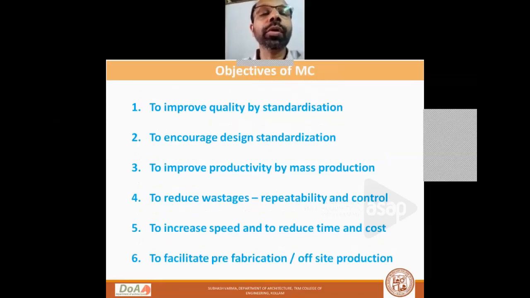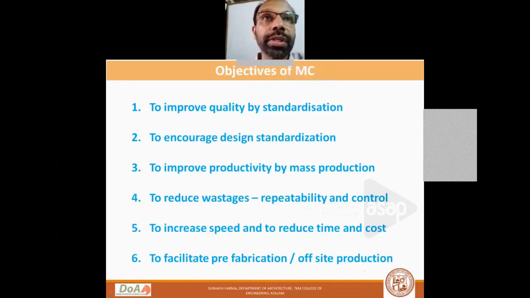This modular coordination will help to improve the quality by standardization. Another objective is to encourage design standardization. Then to improve productivity by mass production, and to reduce wastage, where repeatability and control are the measures to reduce wastage.